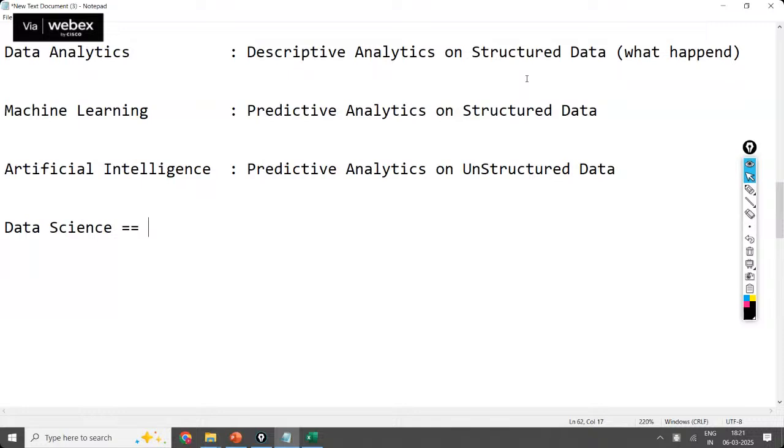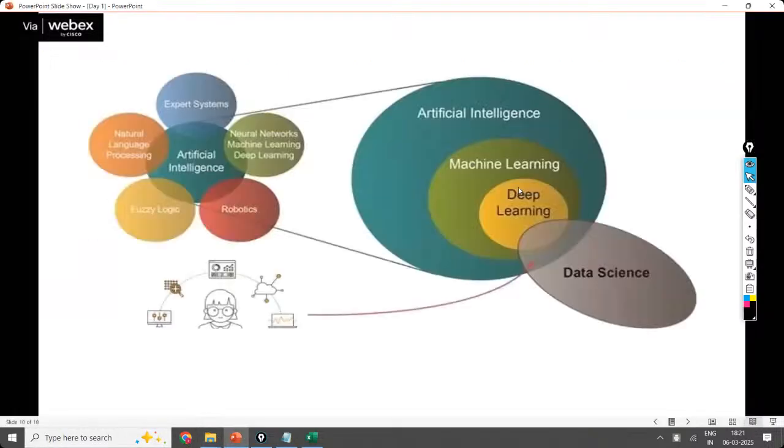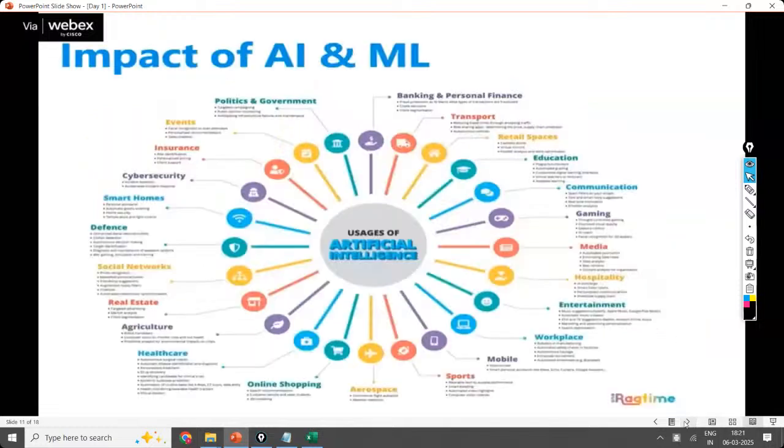After that, the requirement will change, and according to the requirement you have to work on a new project. You cannot say, no, I work only on ML. That is not possible. We have to work on all kinds of data. So data science is a combination of these three. Is the point clear, guys? It is a combination of artificial intelligence, machine learning, along with data analytics.